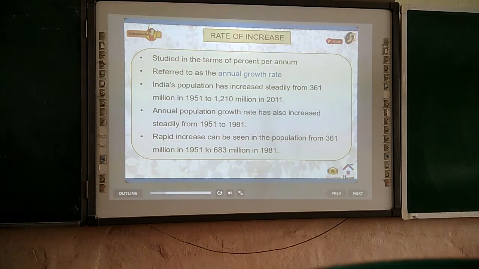Annual population growth rate has also increased steadily from 1951 to 1981. Rapid increase can be seen in the population from 361 million in 1951 to 683 million in 1981.